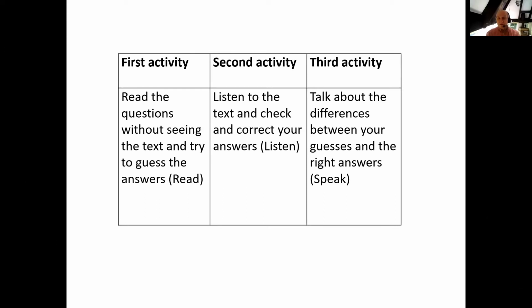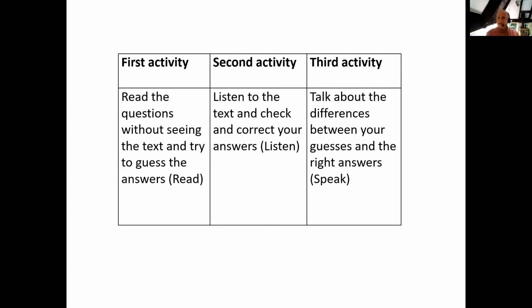The second step of the activity is to actually listen to the text. And then they check or correct or put in their answers to the questions that they hear after the text. So the idea then is now they can see if their guesses were correct or not.